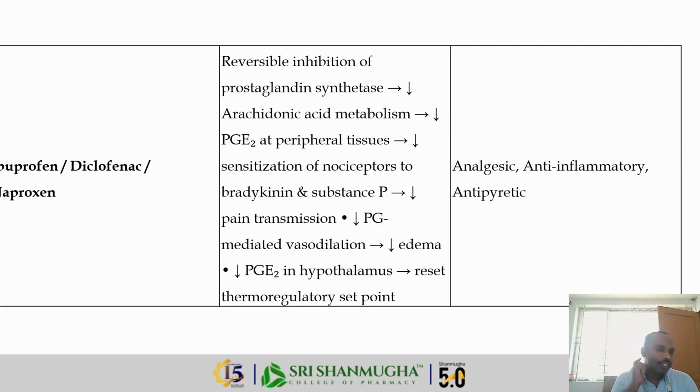Next, we have Brufen, ibuprofen generally, and also diclofenac. They act through reversible inhibition of prostaglandin synthesis, with decreased arachidonic acid metabolism and decreased prostaglandin E2 at peripheral tissues, leading to decreased sensitization of nociceptors to bradykinin and substance P. Once the substance P level is reduced, pain transmission is decreased, and PG mediated vasodilation is also decreased.